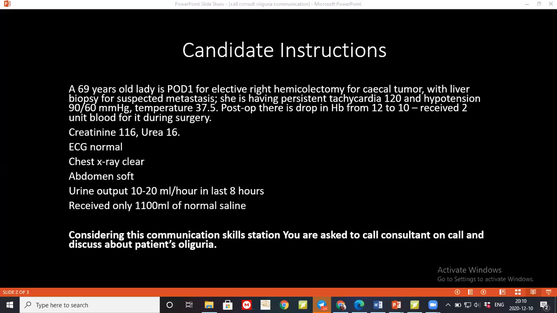Okay, if the patient is deteriorating, would you like to involve any other department, any other doctor in the management of this patient? I mean any other doctor other than your consultant, like an anesthetist or anyone else?